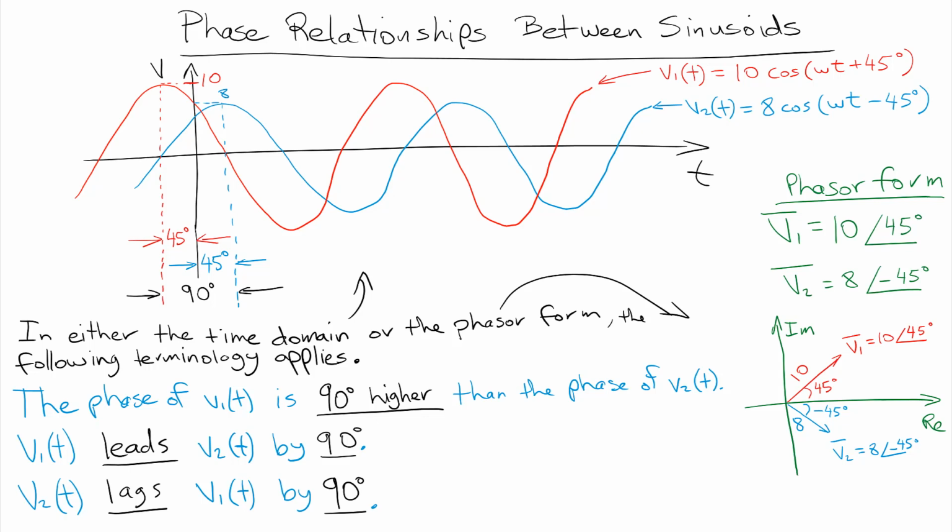Then we can say that V2 lags V1 by 90 degrees. When we're talking about lagging, we're talking about a rightward shift. So V2 lags V1 by 90 degrees. And in phasor form, we're going in the clockwise direction. V2 lags V1 by 90 degrees.